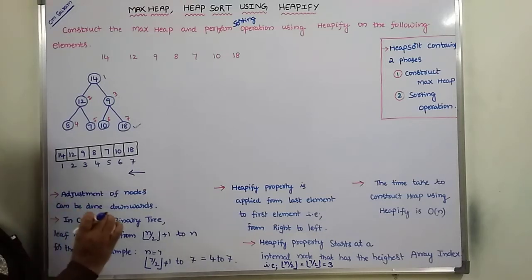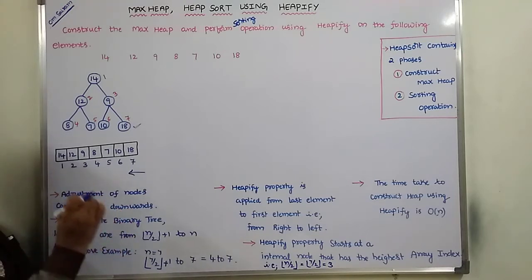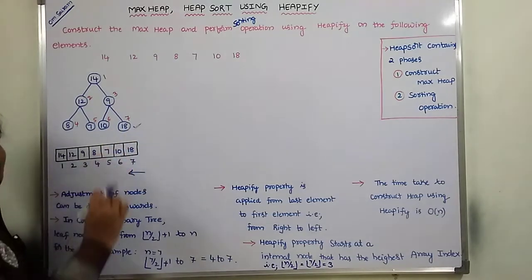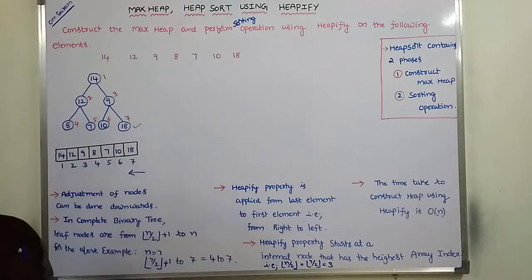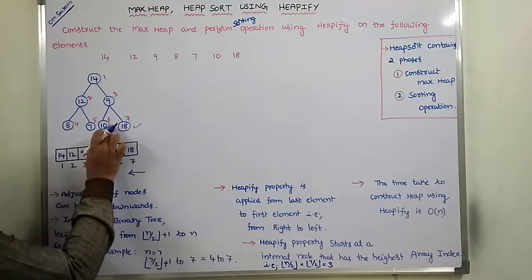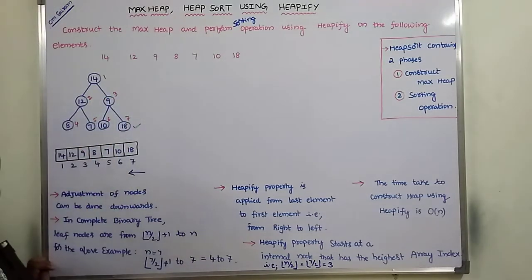So every leaf node satisfies the maximum heap property because it does not have any children, so whatever the node value is, that is the maximum value. After that, next go to this one. Index 7, 6, 5, 4. After that, go to index 3.